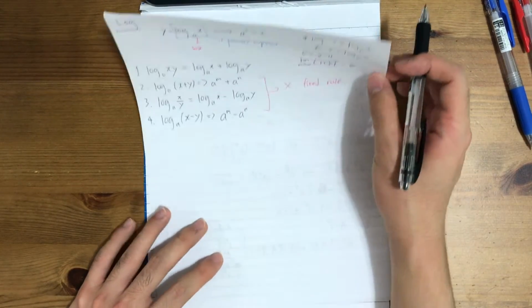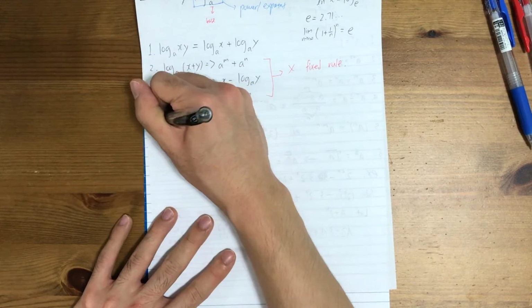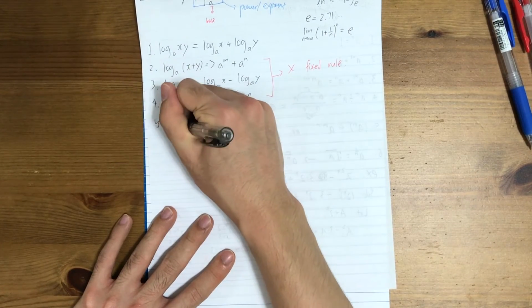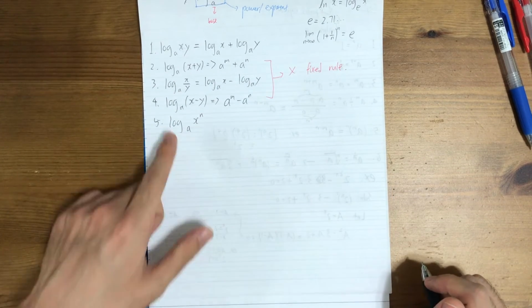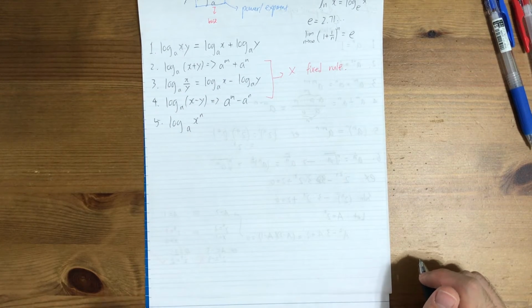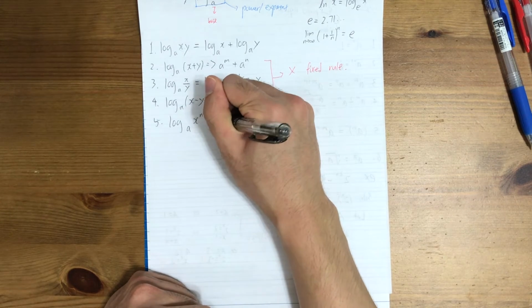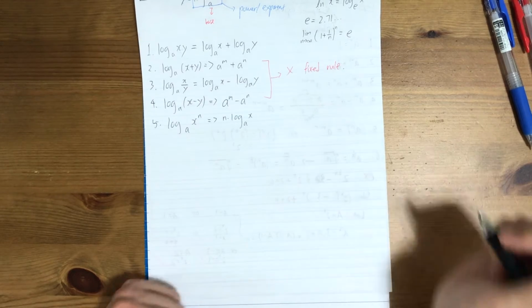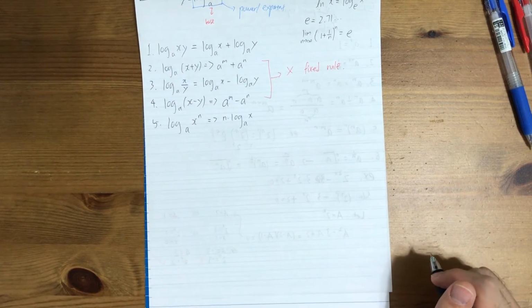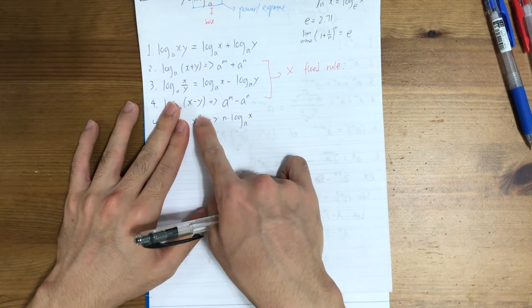Alright, so the other property is this. Log base a of x to the n. So this one, we can simply write it like this. And I'll tell you why. Because x to the n, right?